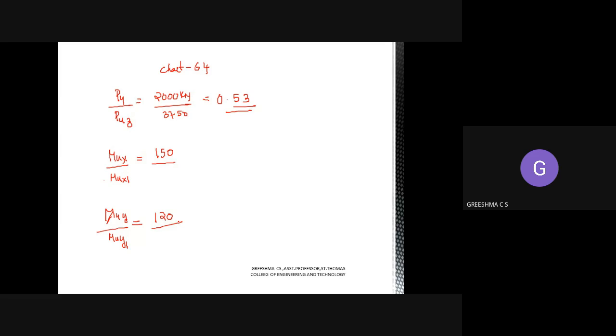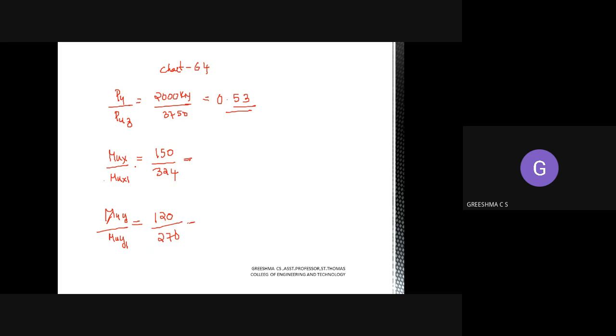So tell me how much is the value? Mux1 is 324. And how much is Muy1? 270. Mux means the moment that is given in the question.